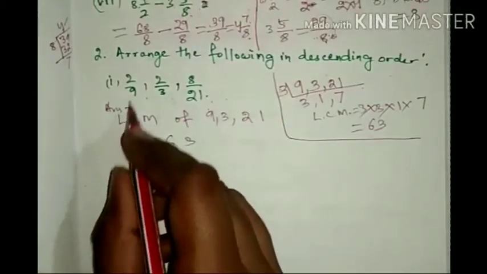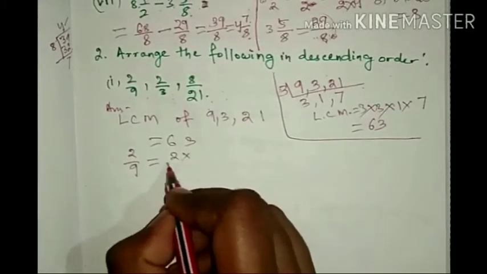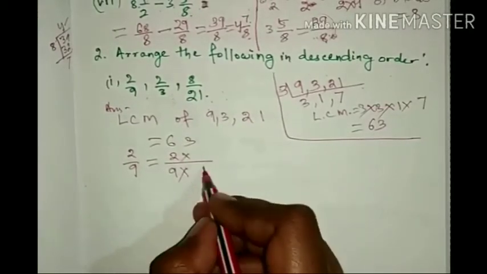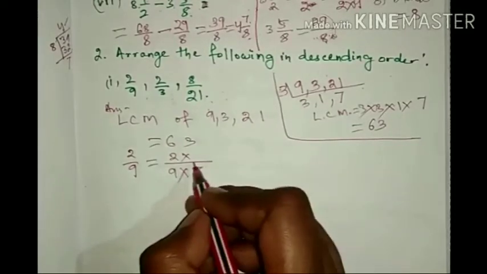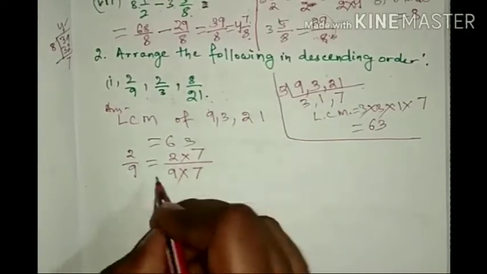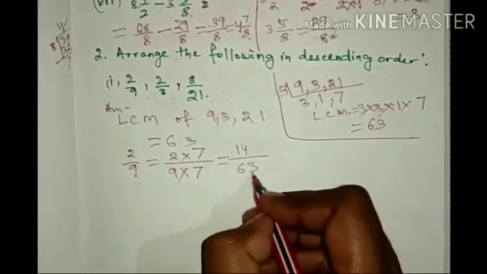So let's see. First number is 2 by 9. What will we multiply? 9 into 7 equal to 63. So I'll multiply 7 to the numerator. So 14 by 63.